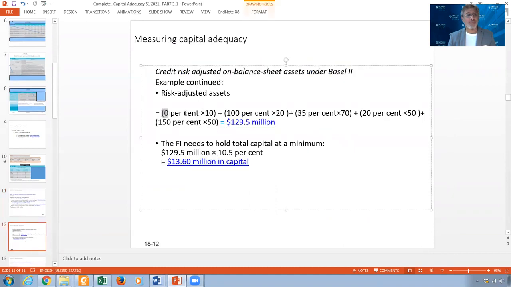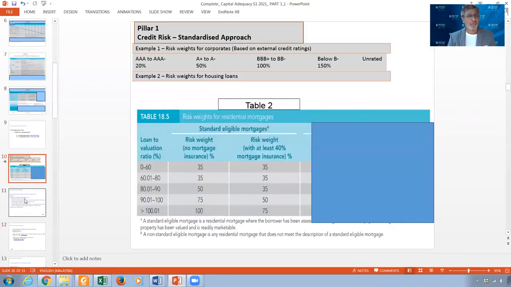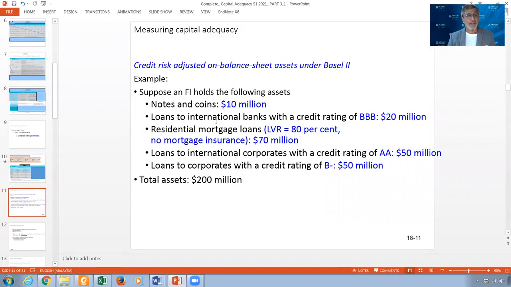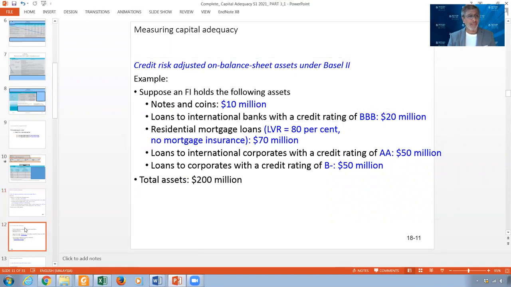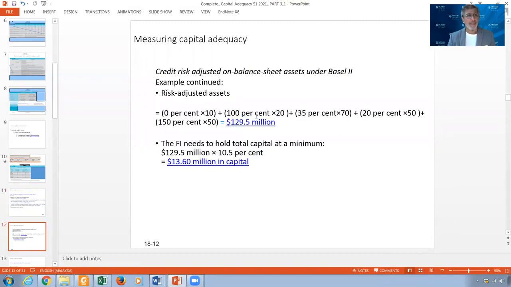So for the cash, 0, according to table 5. For the first loans, the international with credit of AAA, I'm going to take it as 20%.